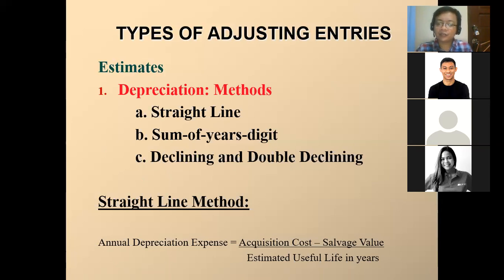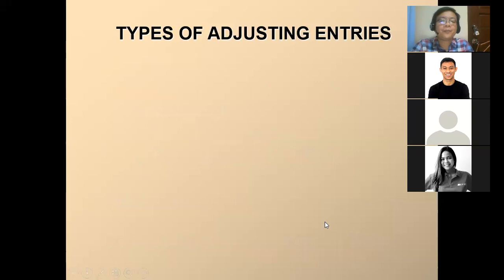Meaning the 500,000 is the salvage value, the residual value, or the scrap value at the end of the useful life of one particular asset, which is your property, plant, and equipment. That's the salvage value.